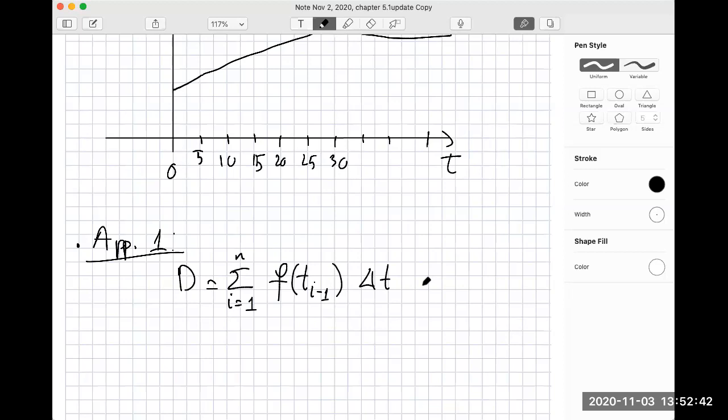That is the first one. Or in our case, i runs from 1, 2, 3, 4, 5, 6, 7, right?